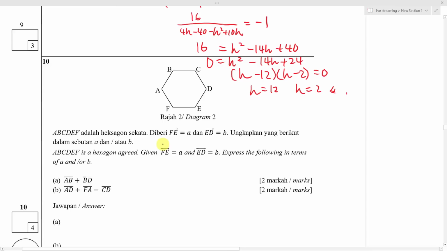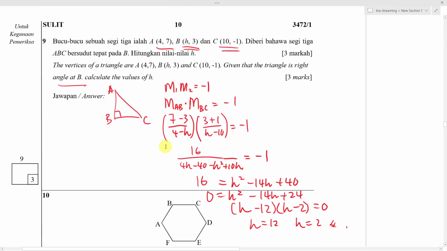Can we use Pythagoras or not? For the previous question, if you use Pythagoras, you're going to do a lot of things. Because you want to find the distance of AB, and the distance of BC, and after that you do A square plus B square, and then you find AC.